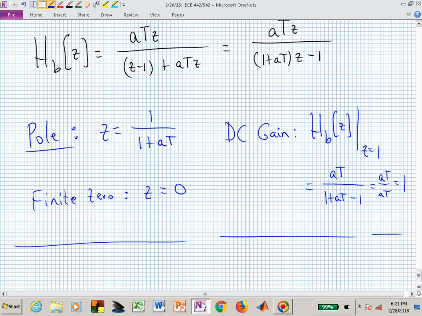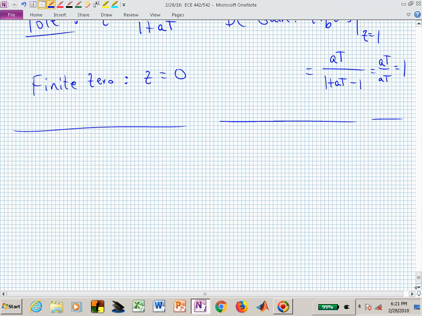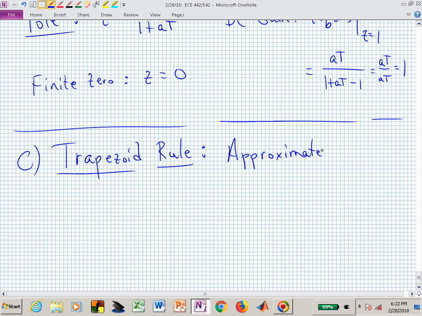Let's look at one more approximation. And this one is the trapezoid rule. Now what we want to do is approximate the integral, not by looking forward or looking back.